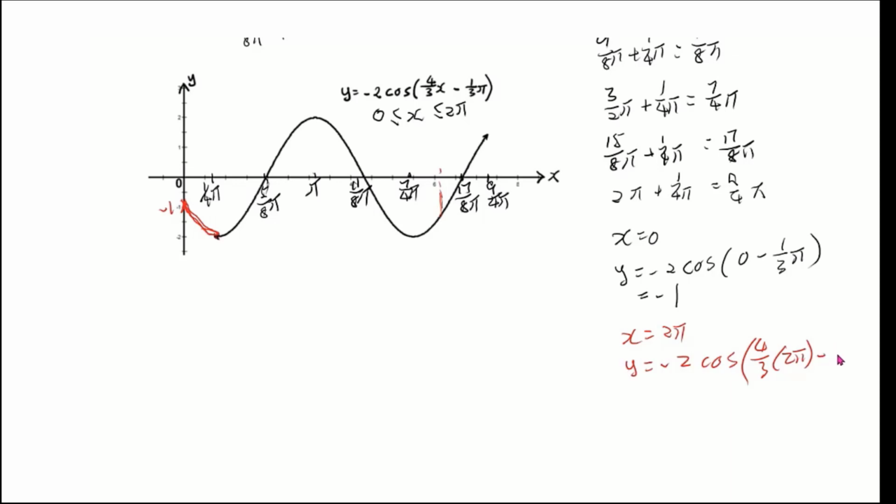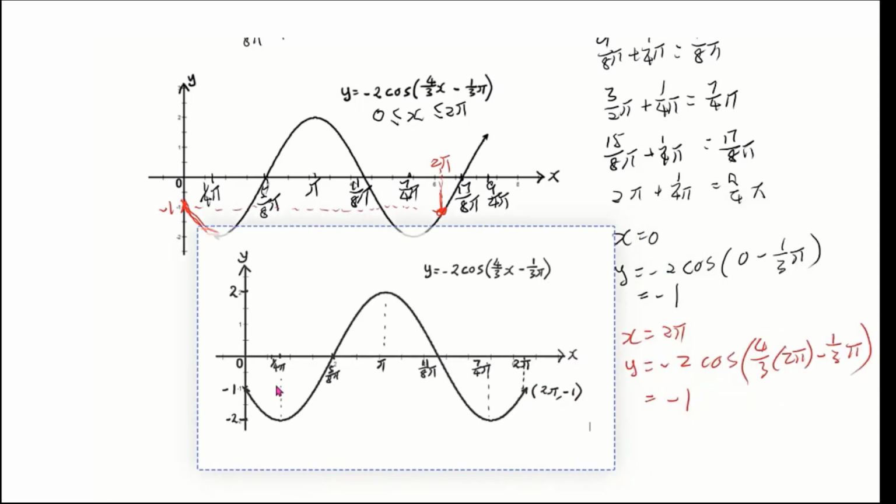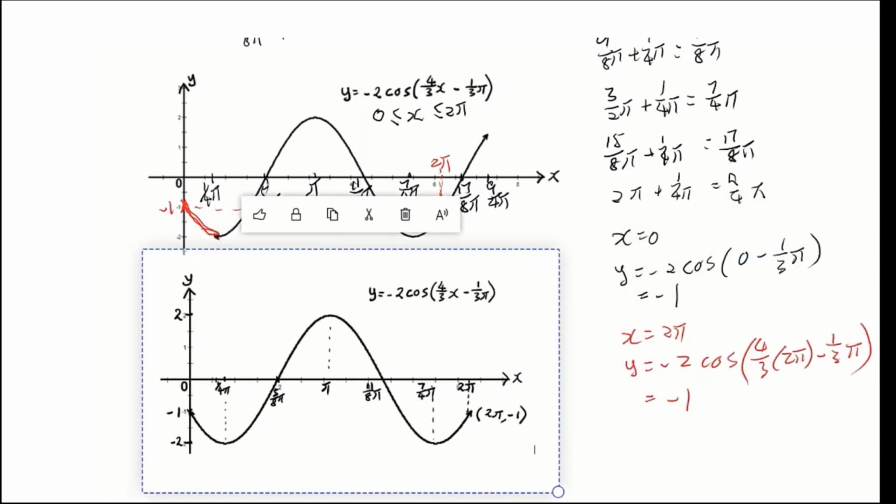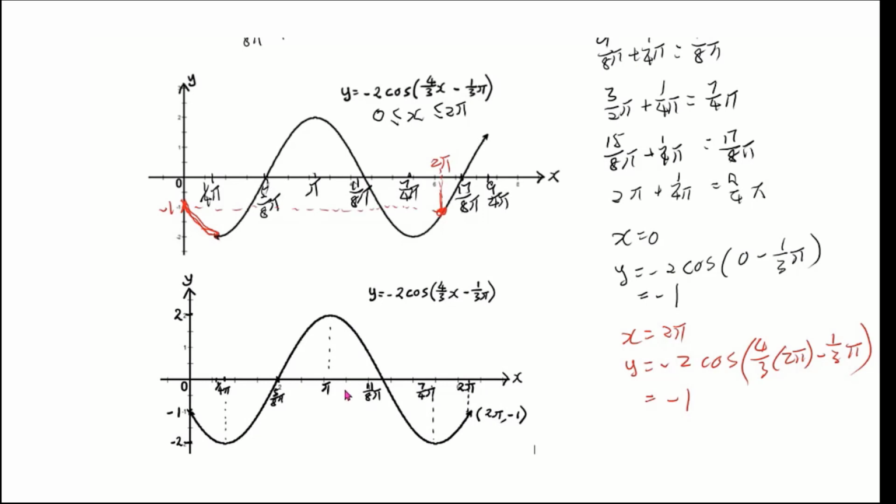When x is equal to 2 pi, we calculate and find that the value is equal to negative 1. So it is the same as the point at the beginning. So 2 pi is somewhere here. Now after the correction, this is the graph for the final curve.